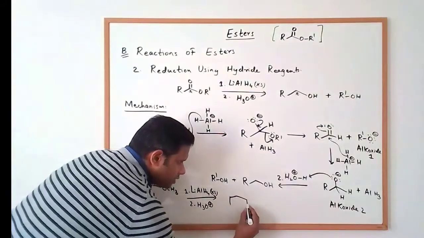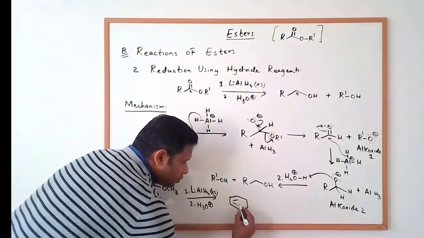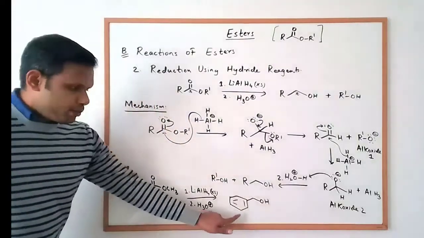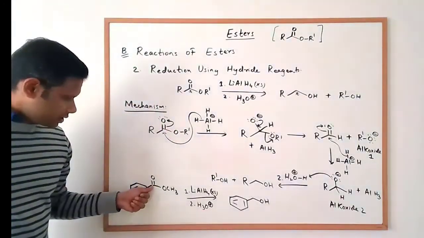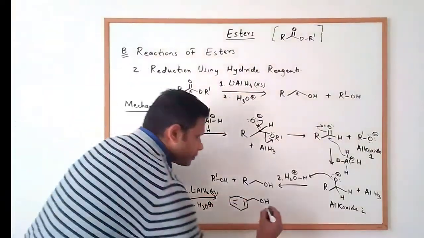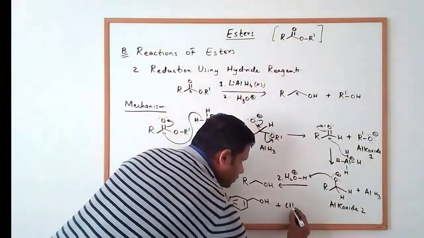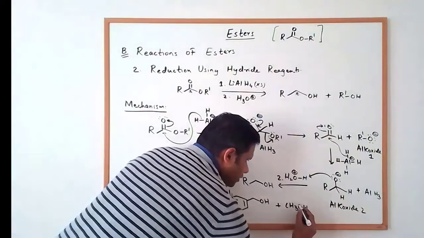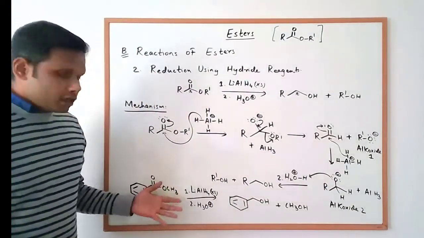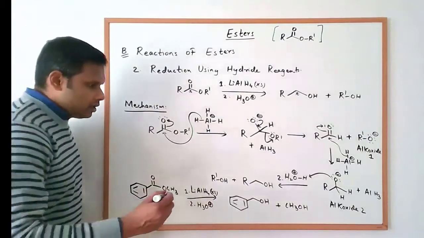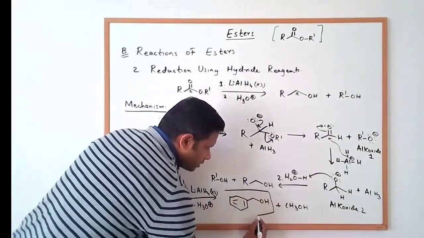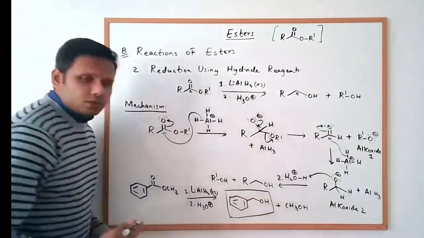So our reaction will give us 2 alcohol products. One will be benzyl alcohol. The acyl carbon is reduced to an alcohol, and it will also give us methanol. Since we are doing a reduction here, the benzyl alcohol would be considered our reduced product.